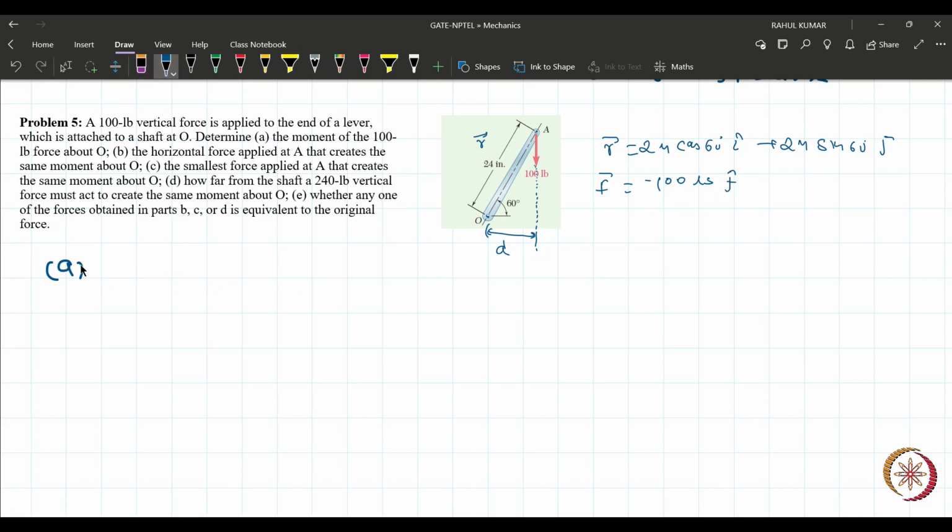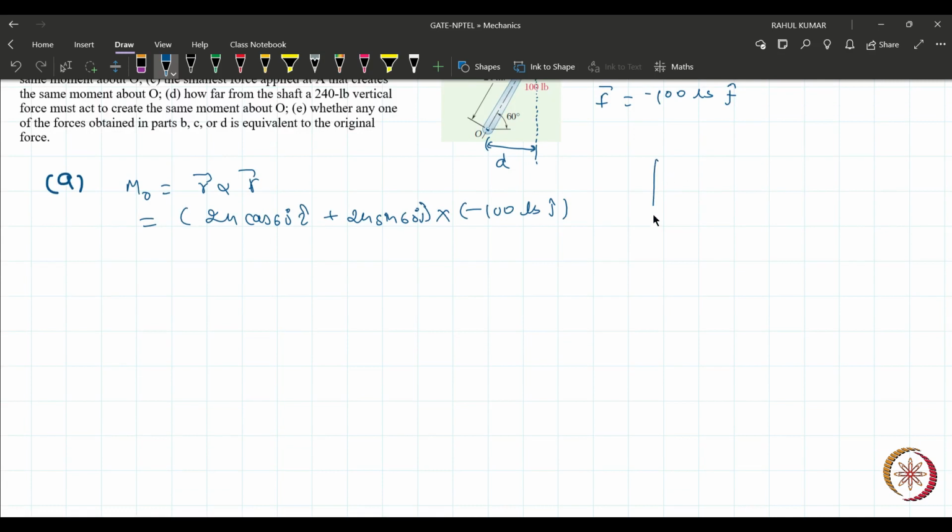Now I want to determine the moment about point O. So what will you do? R cross F. So 24 cos 60 degree i cap plus 24 sin 60 degree j cap cross minus 100 lb j cap. Now you already know i cross j equals k, j cross k equals i, k cross i equals j.